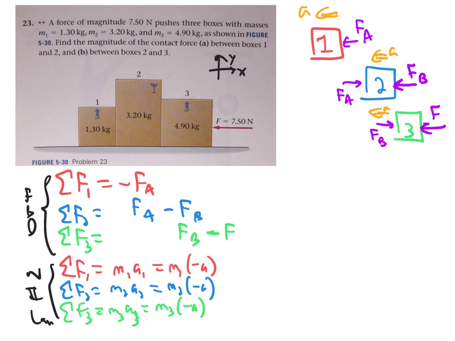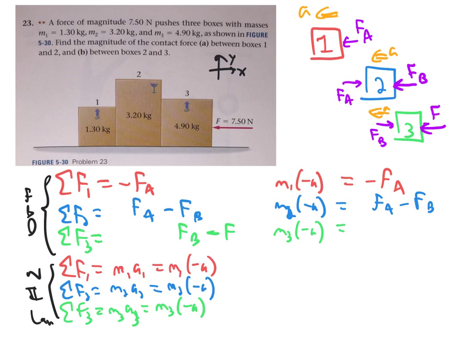But sigma F1 is just sigma F1, so I can combine those and I can say that I have that m1 times minus a is equal to minus fa, and m2 times minus a is equal to fa minus fb, and m3 times minus a is fb minus f.